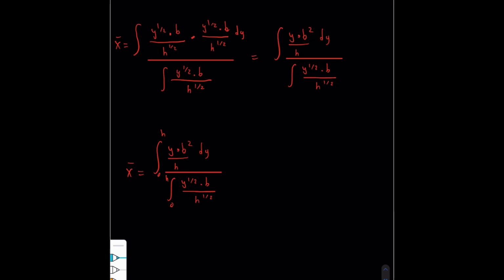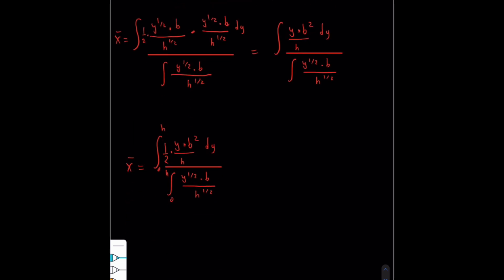This has to be divided by 1/2, because as we said, x was going to be divided by 1/2, as stated here. And I guess you've got to put them here as well. Yeah, okay, whatever. It's here.